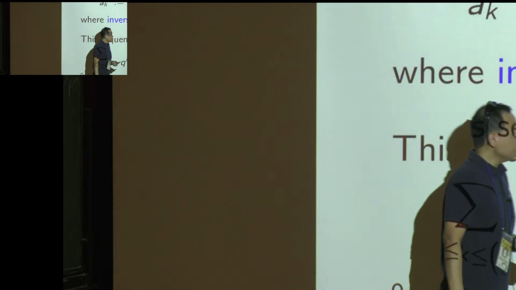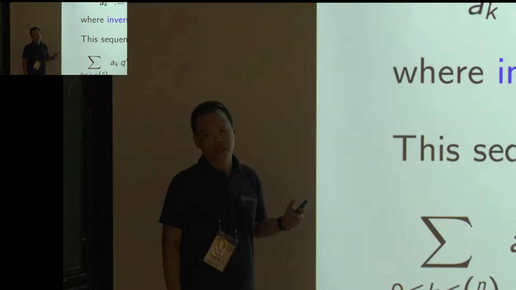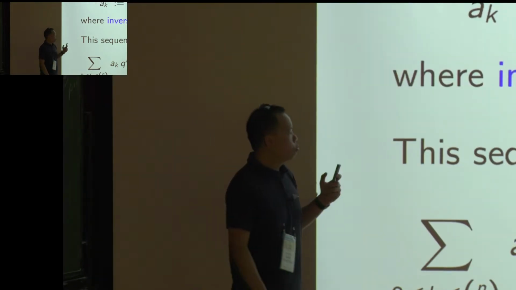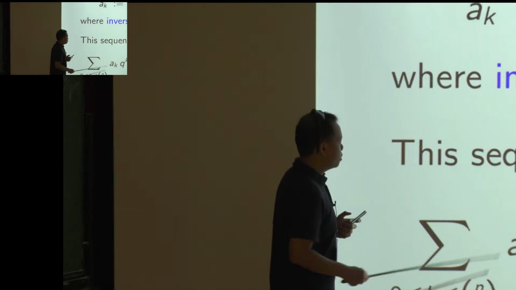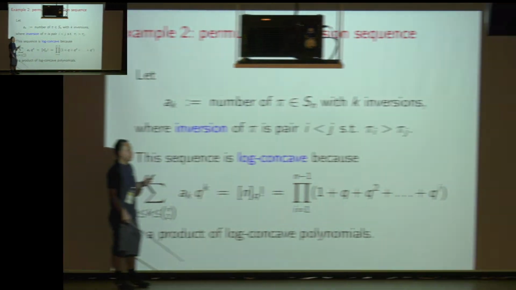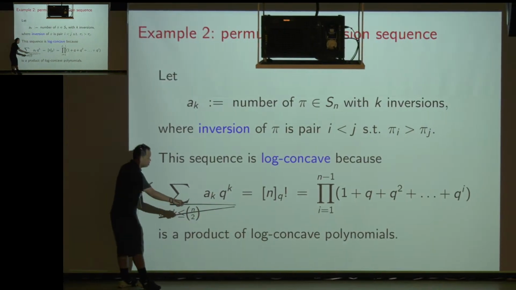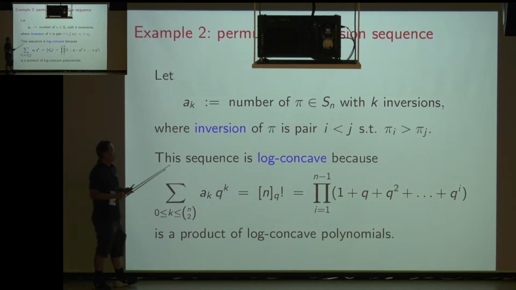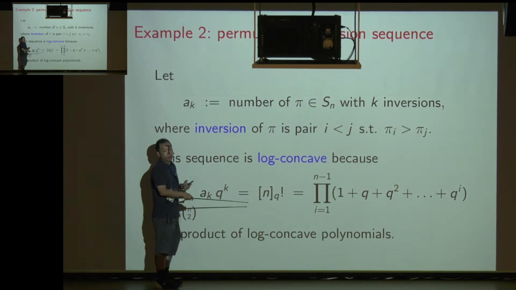Okay? And already for this sequence, you cannot prove that this is log-concave by direct computation. This is because, to the best of my knowledge, there is no known explicit formula for this constant a_k. Instead, what people usually do is write a generating function for this sequence, and then they see that, what a coincidence, this is what we call the q-analog of n factorial.